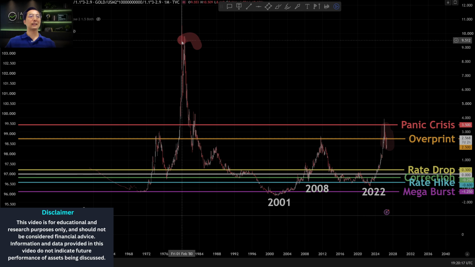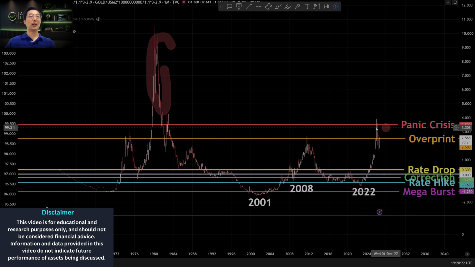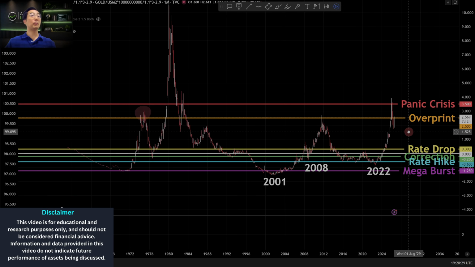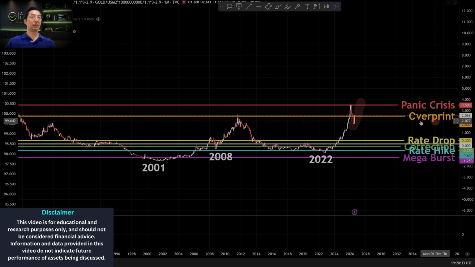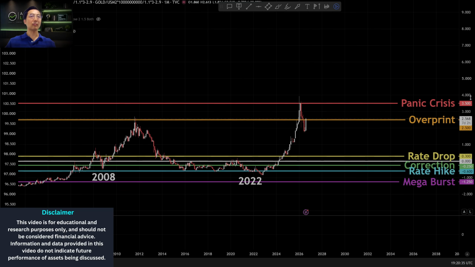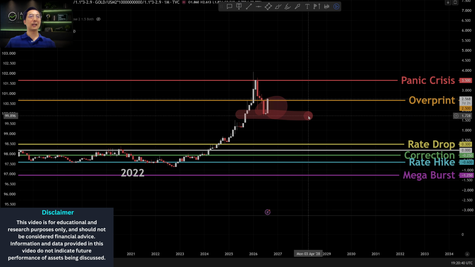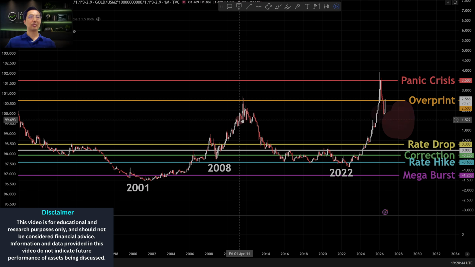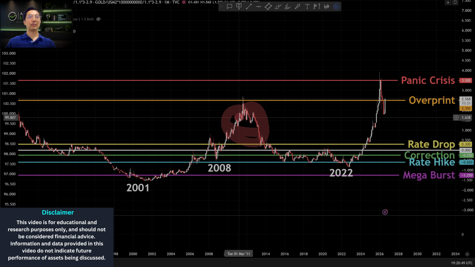It's not as bad as in the late 70s or 80s, but still high enough that it went over the early 70s period. Maybe it can go even higher, depending on the situation. But for now, it is trying to find a foothold, staying around this rate drop and overprint range, much like what it did somewhere between 2010 and 2013.